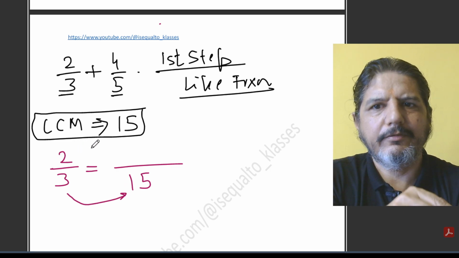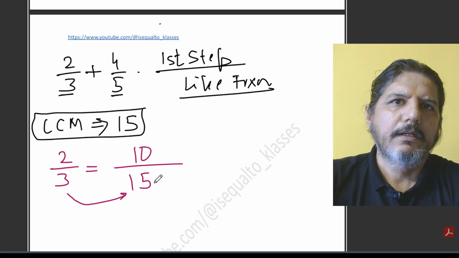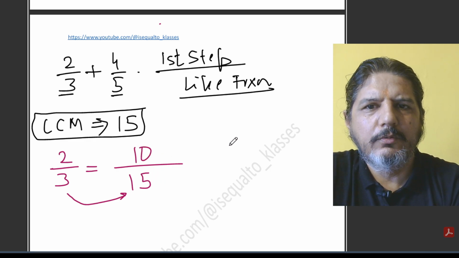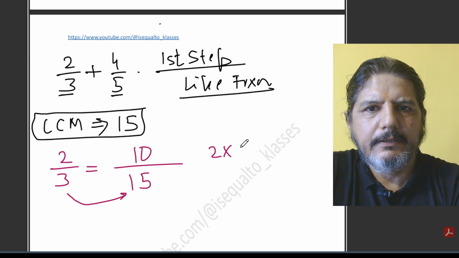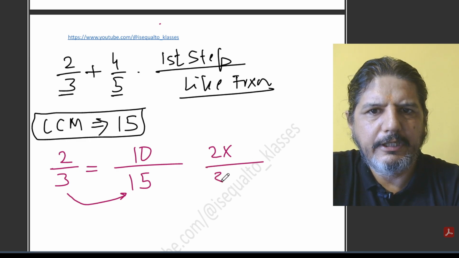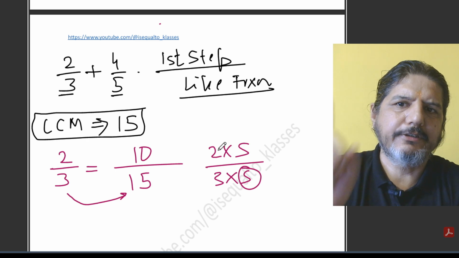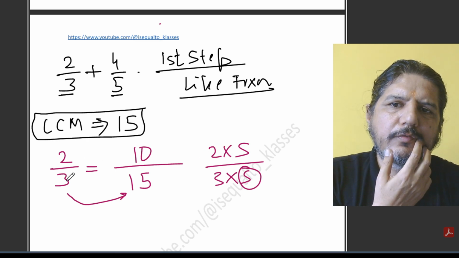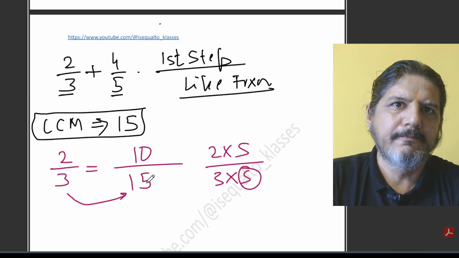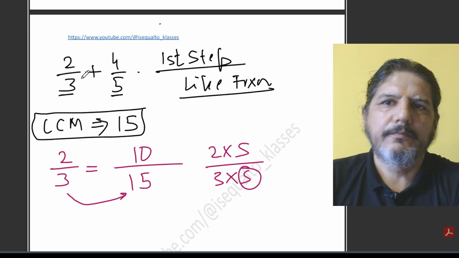So 2 multiplied by 5 is 10. I hope this is clear. What did I do? I knew that this is 3 multiplied by 5. So same number, because I want an equivalent fraction of 2 by 3. So the equivalent fraction of 2 by 3, which has a denominator 15, is 10 by 15.